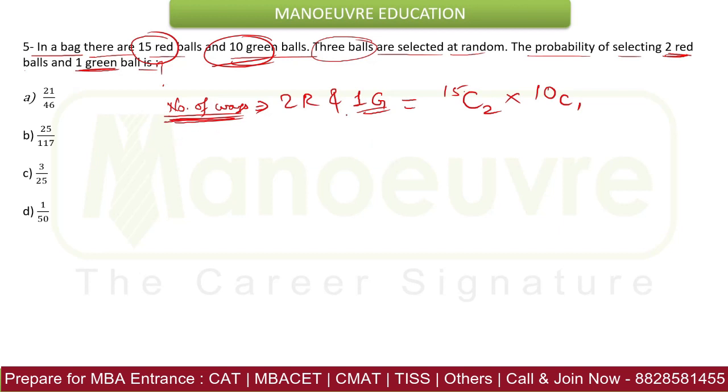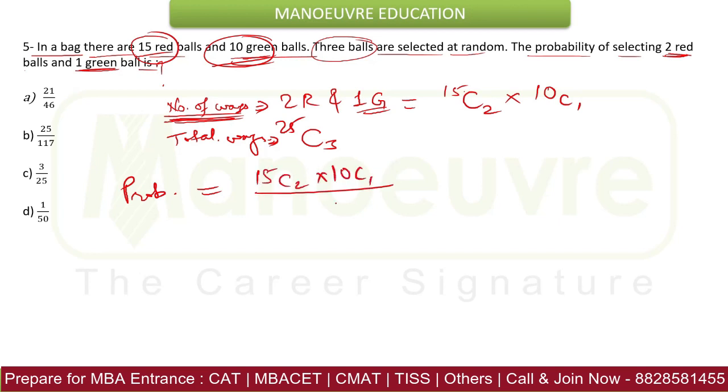We have to select 3 balls out of total, this is 15 plus 10, that will be 25. So this will be total ways. So hence the required probability will be 15 C2 into 10 C1 divided by 25 C3.